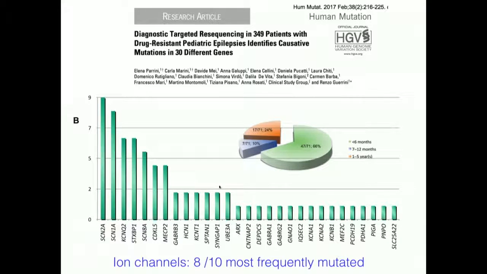And what you see here, that 8 out of 10 of the most frequently mutated genes were representing ion channels. So a few genes representing most patients. And then other genes just causing epilepsy in a limited number of patients. And you see here, again, there are some ion channels scattered throughout.